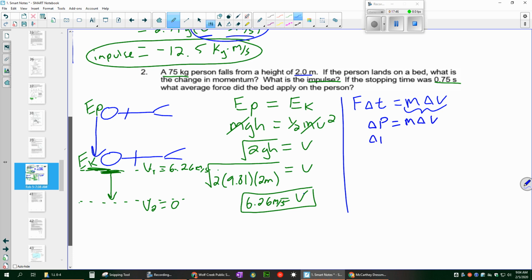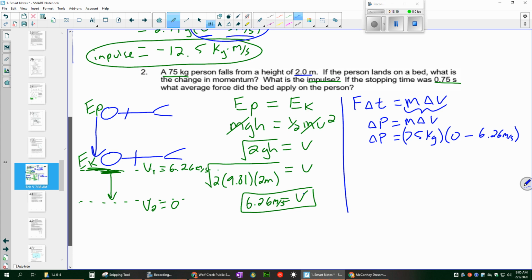So your change in momentum is equal to 75 kilograms times, and now this would be what? Negative or 0 minus the 6.26 meters per second, just VF minus VI.